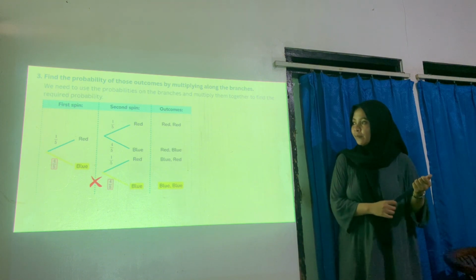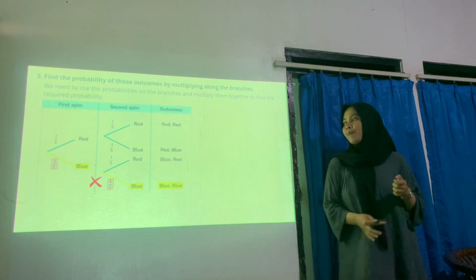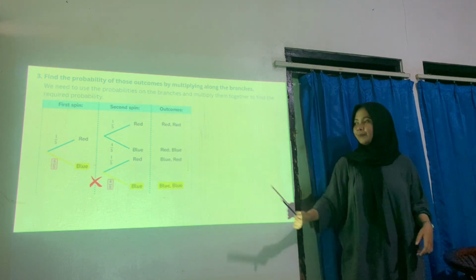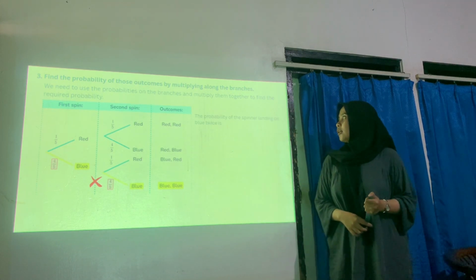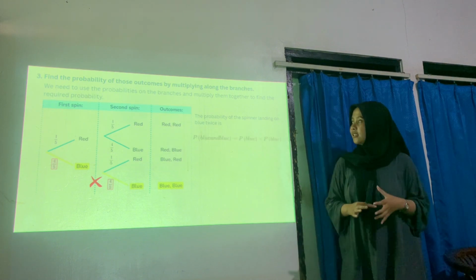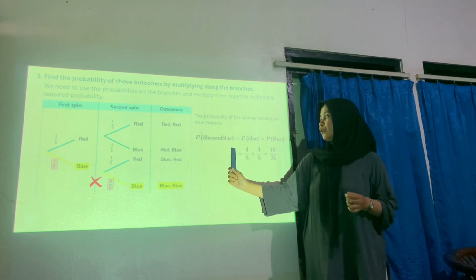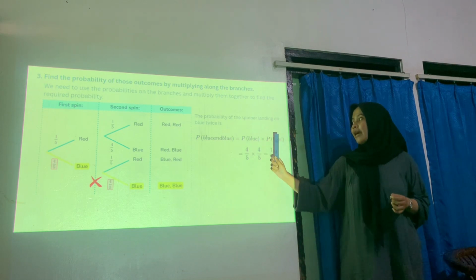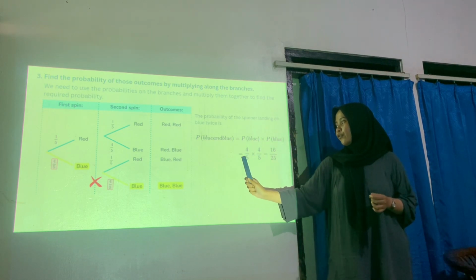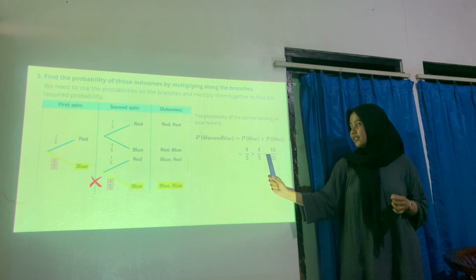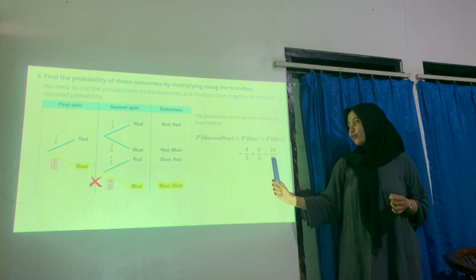So we can multiply 4/5 and 4/5. The probability of the spinner landing on blue twice is probability of blue and blue equals probability of blue multiplied by probability of blue, which is 4/5 multiplied by 4/5, equal to 16/25.